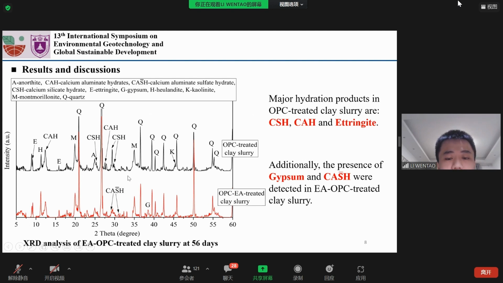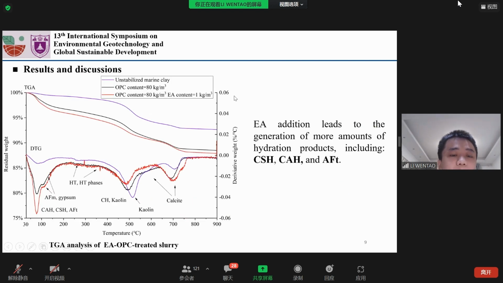Instead, the peaks of calcium aluminate sulfate hydrates were more prominent. So we can conclude that with the addition of expansive agent, the presence of gypsum and CASH was detected.